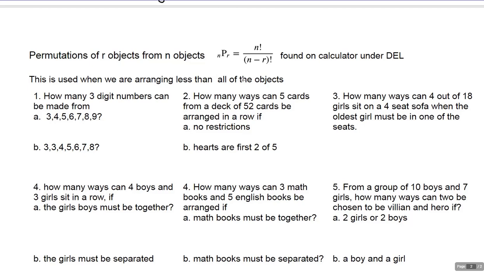Okay, so look at your calculator. Do you see above the delete button or below the delete button where it says nPr? That's what this is talking about. Now, in all the problems we did before, we arranged all of them. This is the number of items.